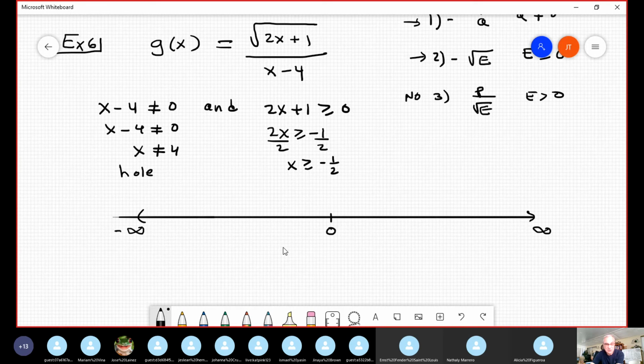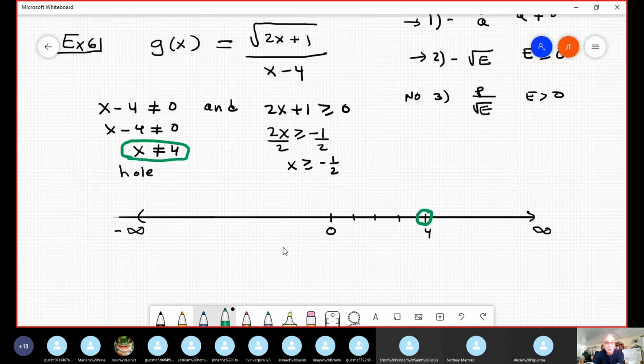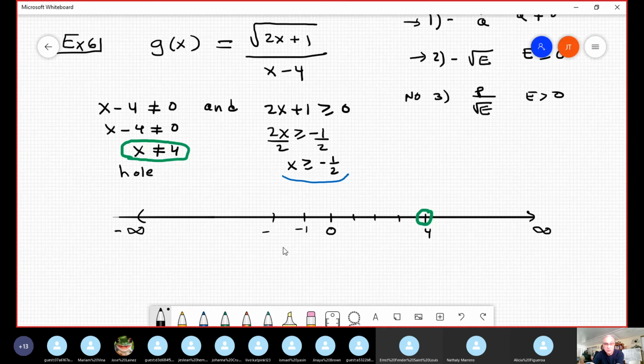So we have 4. At 4 we have a hole: 1, 2, 3, 4. Let me represent the hole like that. I represent only this statement: all real numbers in both directions, highlighted, and at 4 we have a hole. Now this part is negative 1/2. Suppose this is negative 1, then negative 2, this is positive 1, positive 2, positive 3, positive 4.